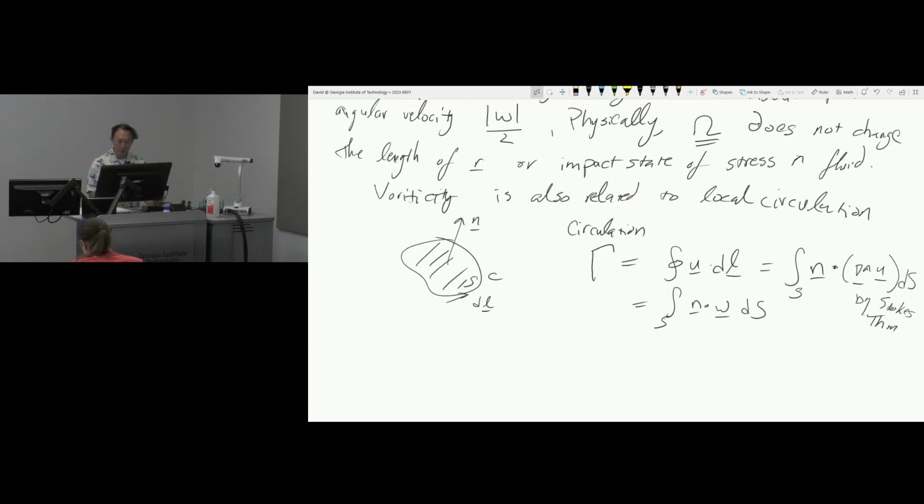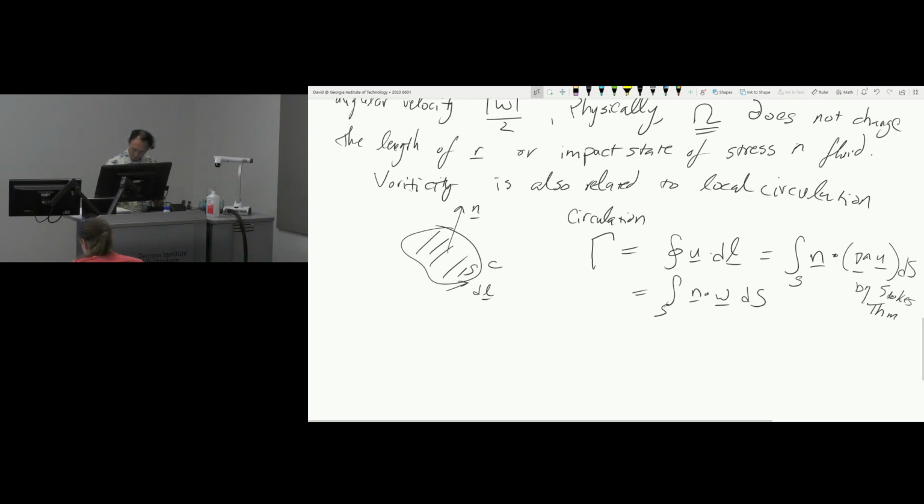So how much circulation you have is, you can imagine as S goes to 0, we can write n dot omega equals the limit, as we shrink it down to a point, of the circulation.